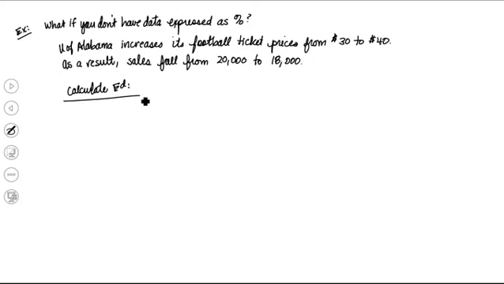Well, still the same equation. So here, elasticity of demand equals percent change in quantity demanded over percent change in price. But here I have to calculate percent changes. So I need to calculate a percent change.